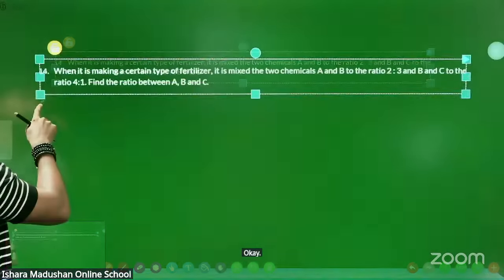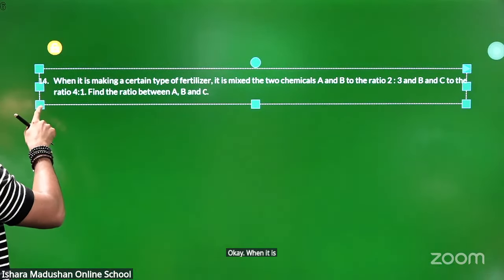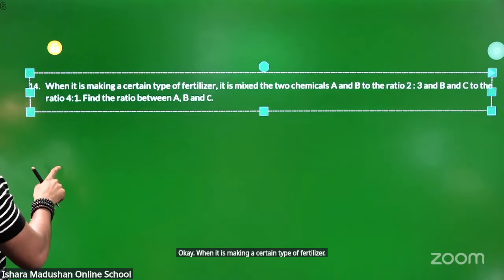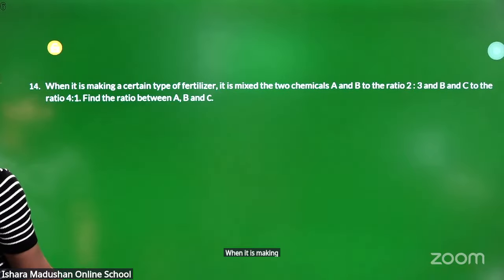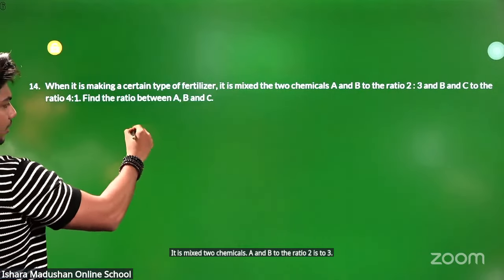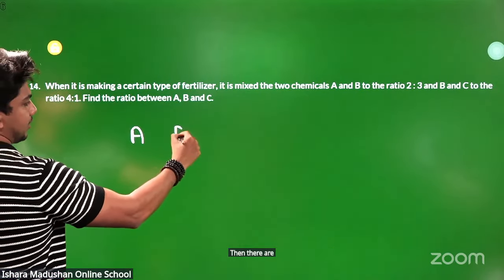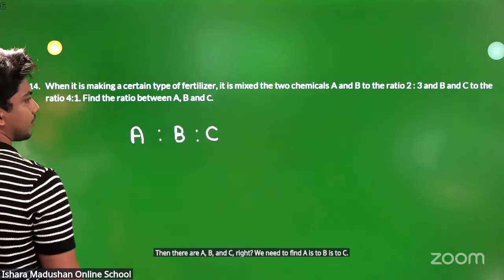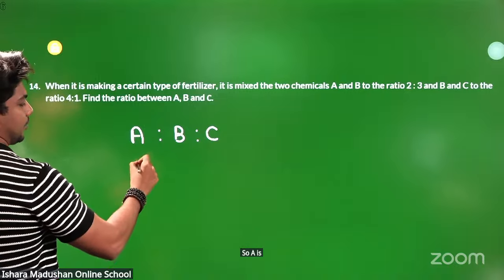When making a certain type of fertilizer, two chemicals, A and B, are mixed in the ratio 2:3. Then there are A, B, and C, right? We need to find A is to B is to C. So A is to B is 2:3.